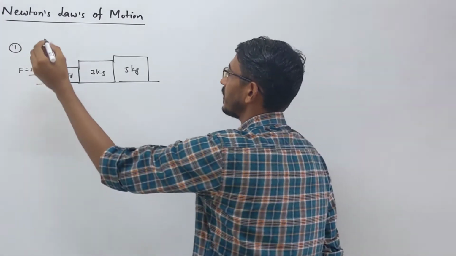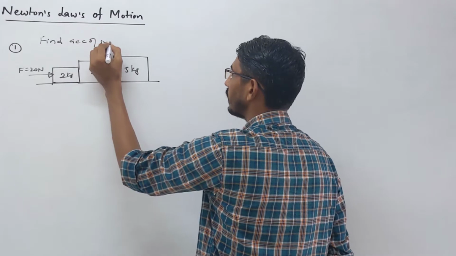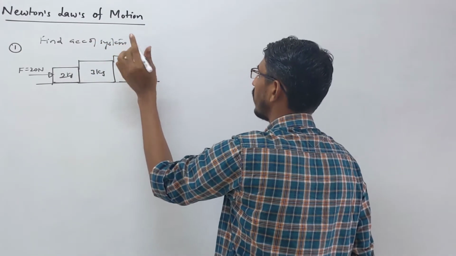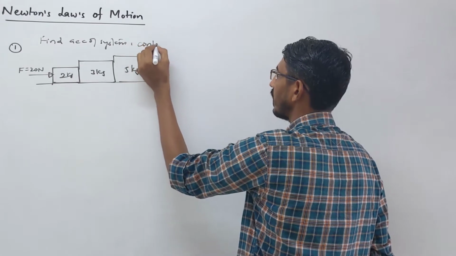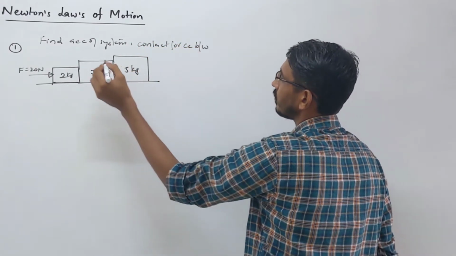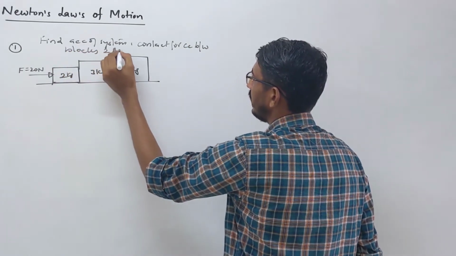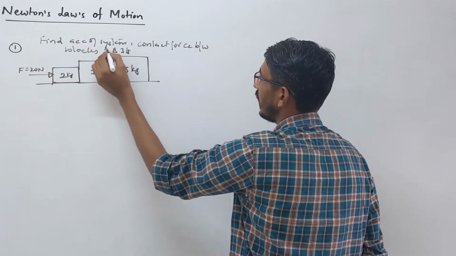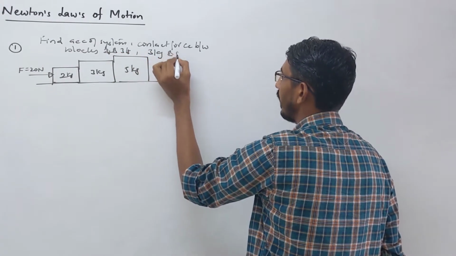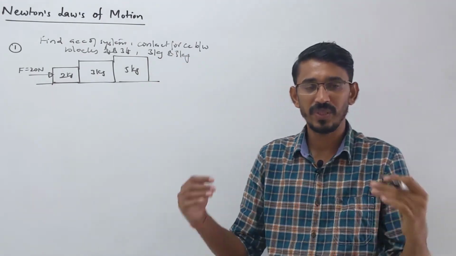Find the acceleration of the system and the contact force between the 2 kg and 3 kg blocks, and between the 3 kg and 5 kg blocks.